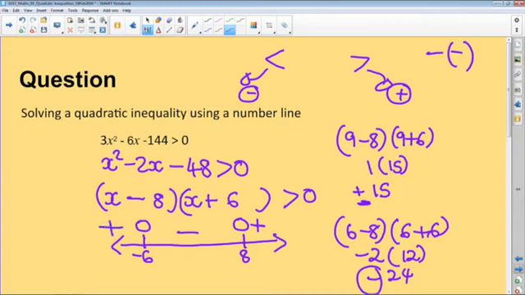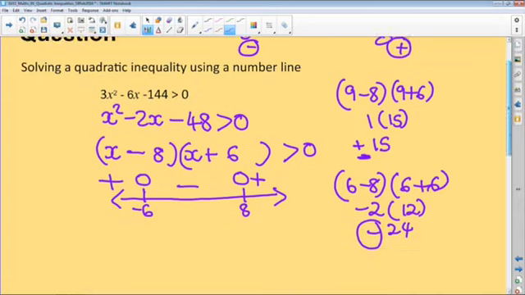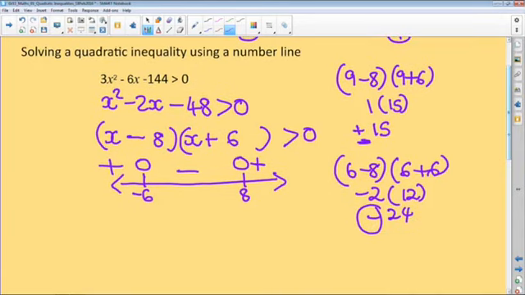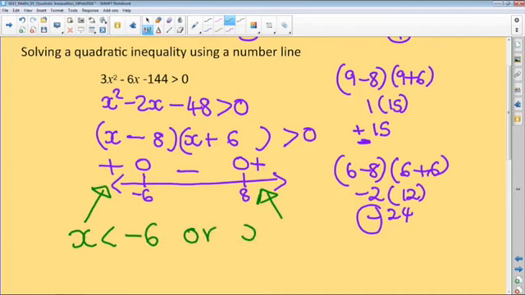Now, like we said, for greater than, we're looking at the positives, and for less than, we're looking at the negatives. We are faced with a situation here: the plus is that side, and the plus is that side. How do you write our solution? So x should be less than negative 6, or x is greater than 8.